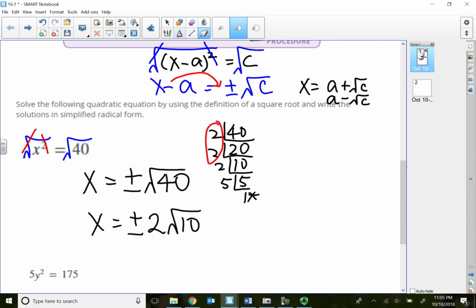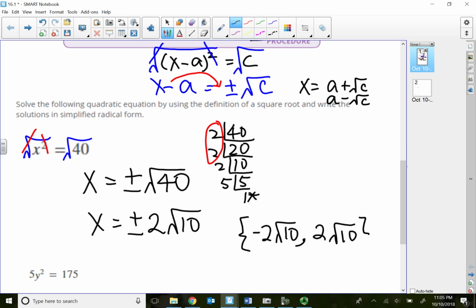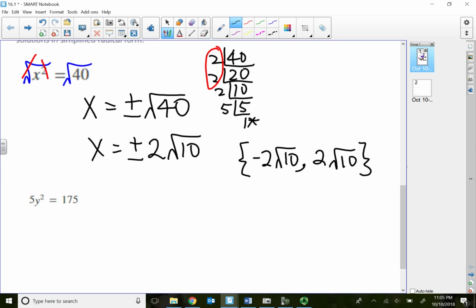So I'm going to purposely rewrite my answer as 2 of them. My answer, put in set notation with the brace, would be negative 2 times square root of 10, comma, the other answer is positive 2 times square root of 10. We put them in the solution set. So just in case you ever see the brace outside the box, that's the reason why they want us to write the answer in set notation, in the solution set.